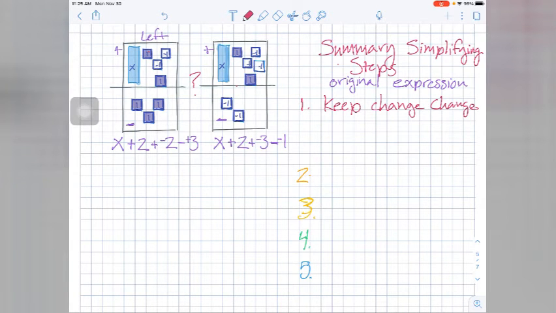What keep, change does is it converts subtraction of negatives to an equivalent, and that's the important part, equivalent addition of the opposite. And vice versa.